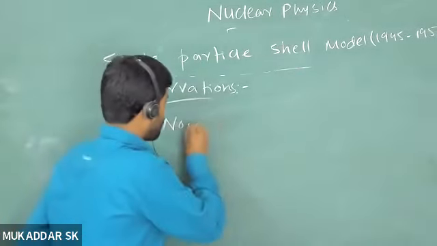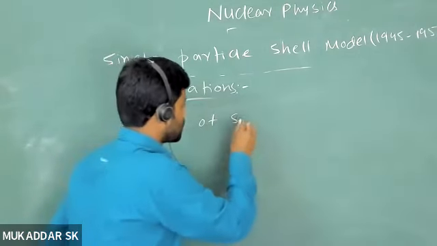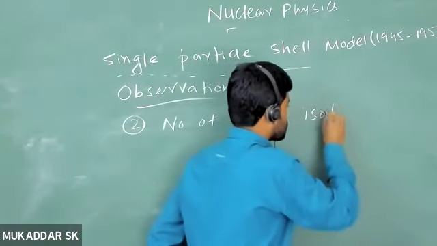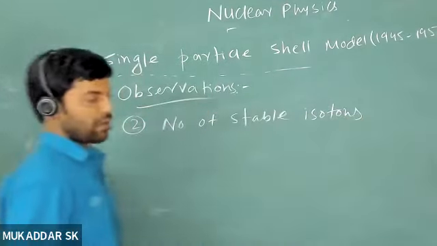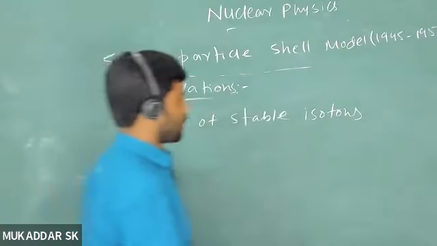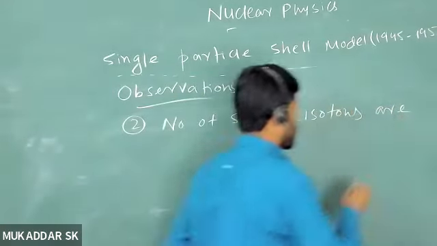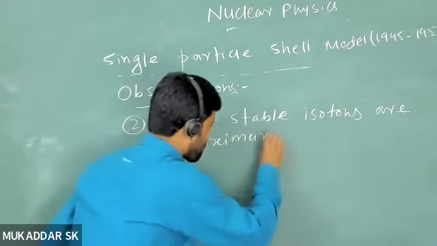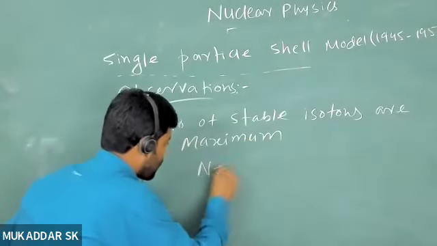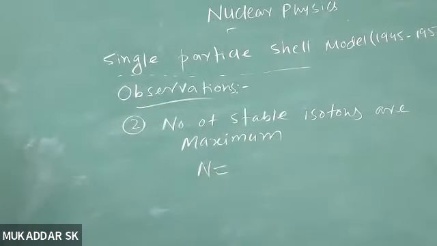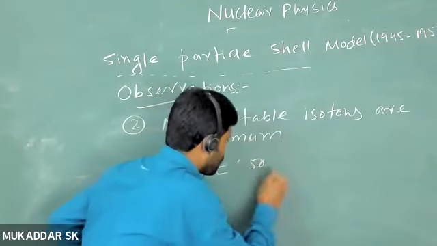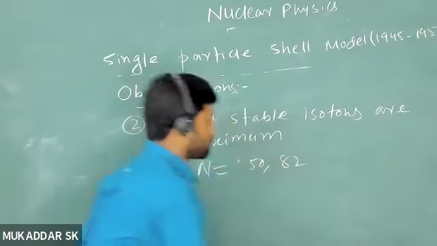Second observation: the number of stable isotones is maximum when a nucleus contains a neutron number of either 50 or 82.